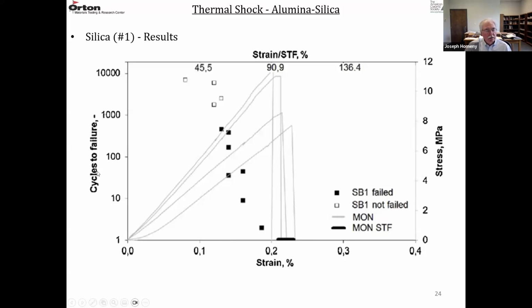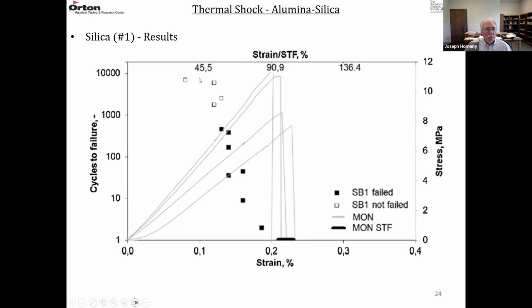And then in the cyclic test, cycles to failure from 1 to 10,000, and then the resulting strain divided by the strain to failure. So this is going from maybe 45 to 136%. So this is the strain to failure, this number here, and then this is the percent that was used in the cyclic test.